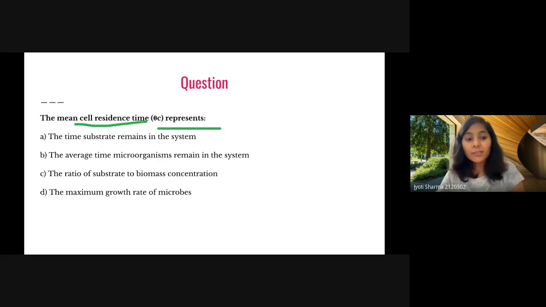What does it mean? Any guess about this? Mean cell residence. From the word cell only you can tell.